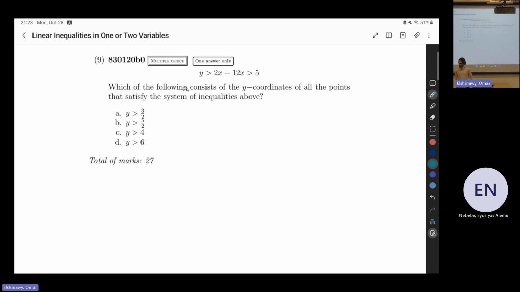I couldn't solve it in 17 seconds. We can solve it.